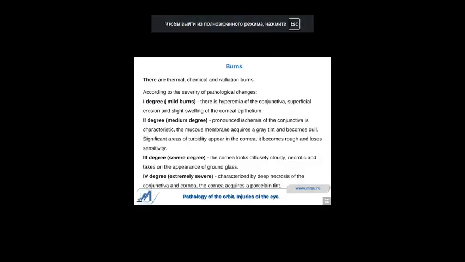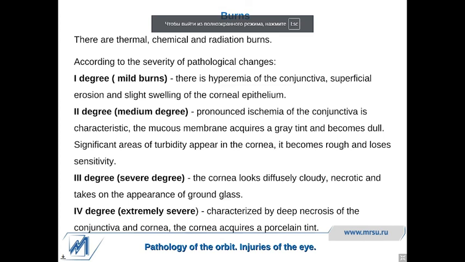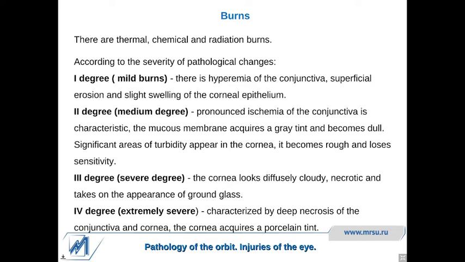Burns. There are thermal, chemical, and radiation burns. According to the severity of pathological changes, there are 4 main degrees of burns: mild, moderate, severe, and extremely severe. First degree, mild burns: there is hyperemia of the conjunctiva, superficial erosion, and slight swelling of the corneal epithelium.